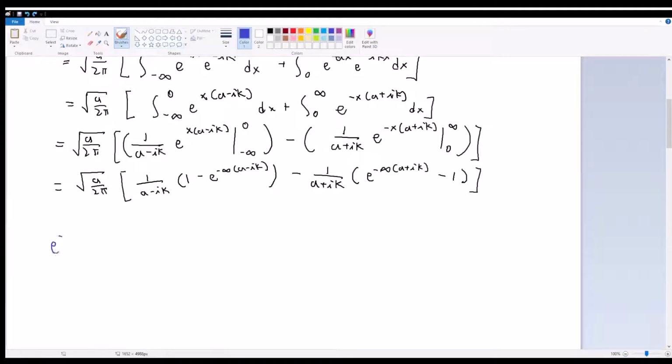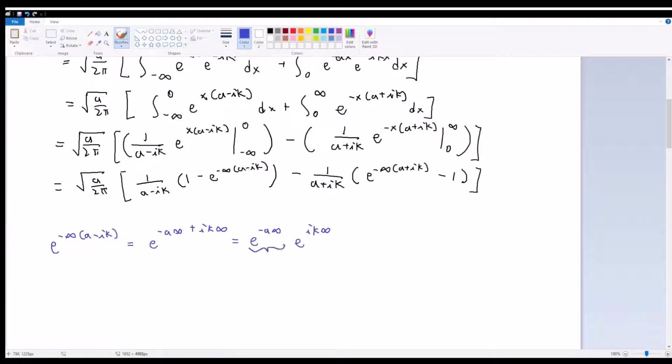So e to the negative infinity of a minus ik, if we distribute this, this is going to be equal to e to the negative a times infinity plus ik infinity. So we can write, by the rule of exponents, e to the negative a infinity times e to the ik infinity, because remember, when you multiply exponentials, the exponents actually add together.